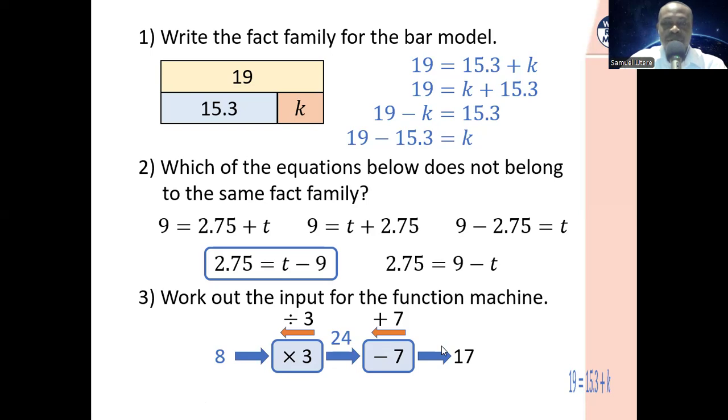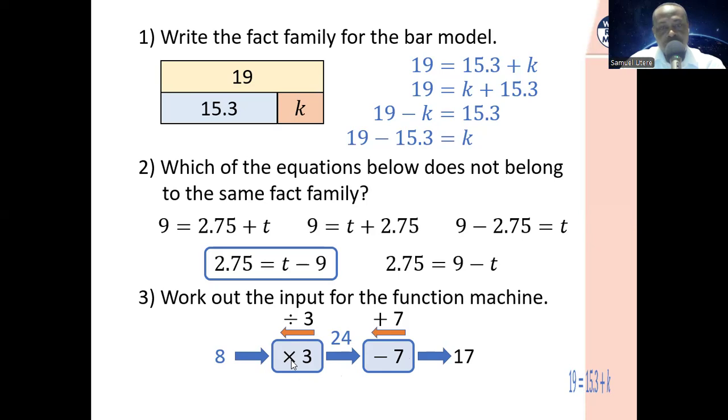So you do the inverse operation working backwards to get what the input was. So instead of subtracting 7 going that way, you do 17 add 7 going that way. So halfway you write your result so you don't forget it, and then you do 24 divided by 3, because going that way from left to right, you times by 3.